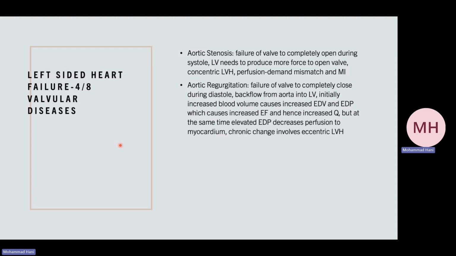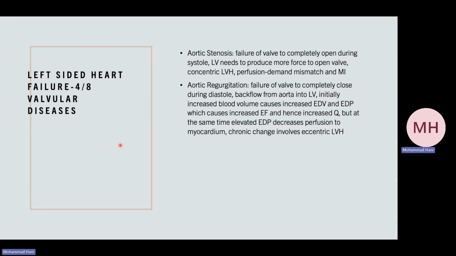Then you have aortic regurgitation. It's failure of the valve to completely close during diastole. Since it's not completely closing, you're going to have some blood entering back from the aorta into the left ventricle. So initially, this increased blood volume, acutely, in the first few weeks of this happening, since you have more blood flowing into the ventricle, you give rise to the Frank-Starling mechanism.